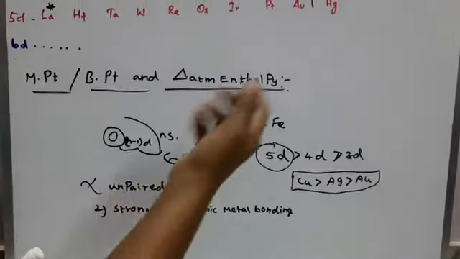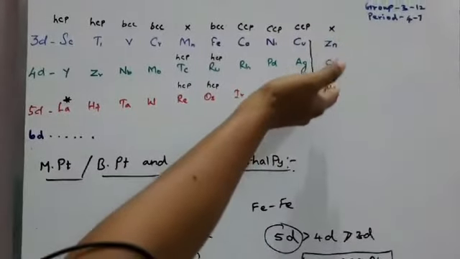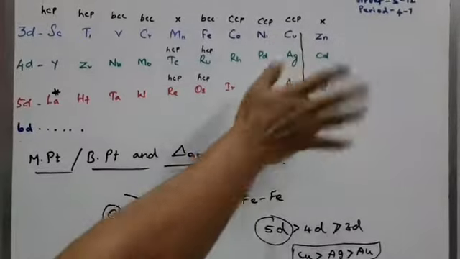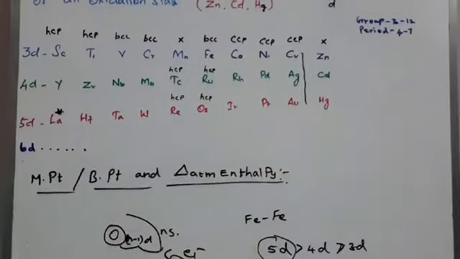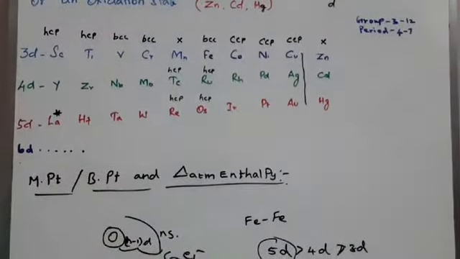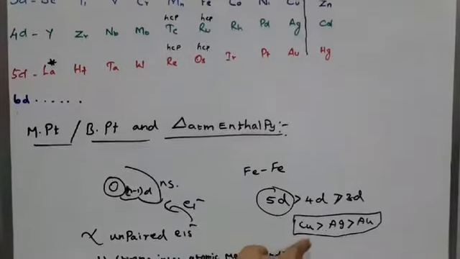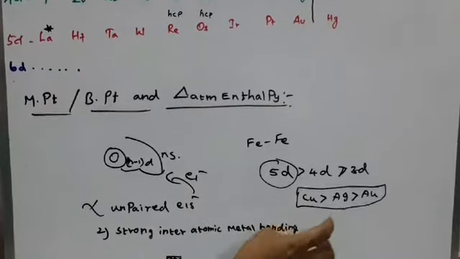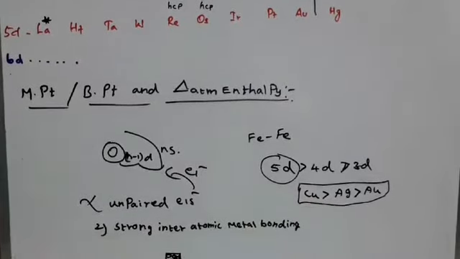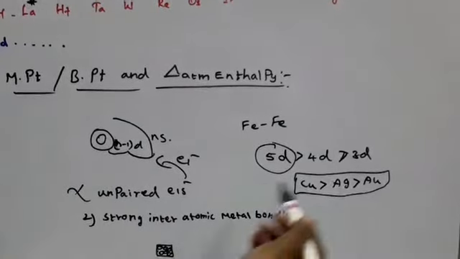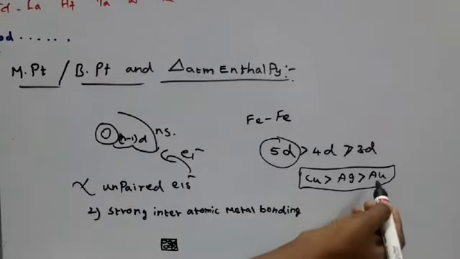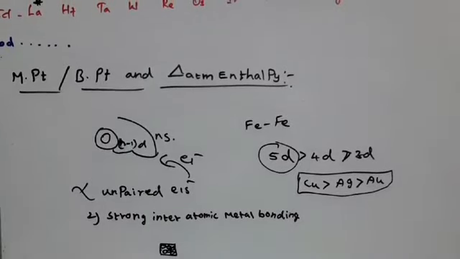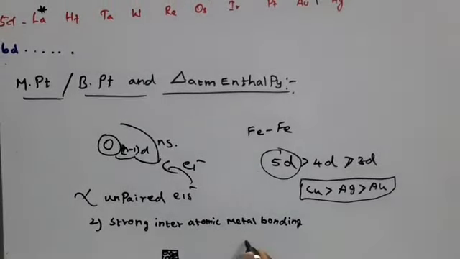Okay, so we cannot consider these as transition elements; they are pseudo transition elements. Pseudo transition elements means they are completely filled, so there is no possibility for a transition series. Coming to the concept of high atomization of enthalpy: copper, silver and gold. And for melting point and boiling point, zinc has a low melting point.